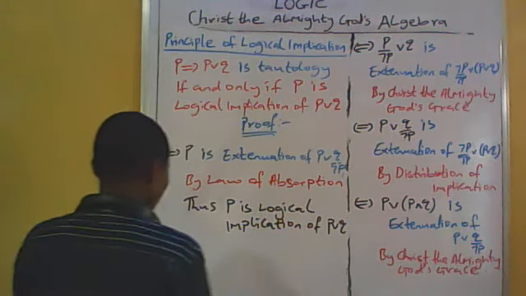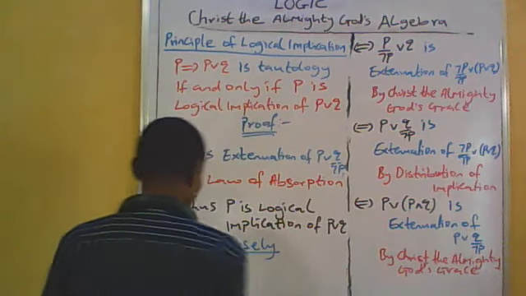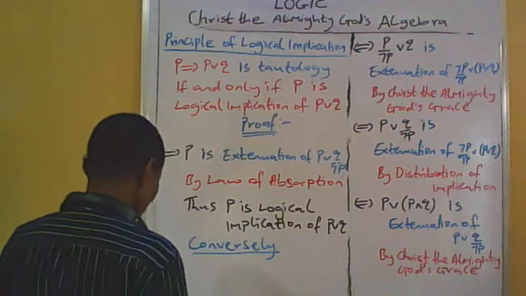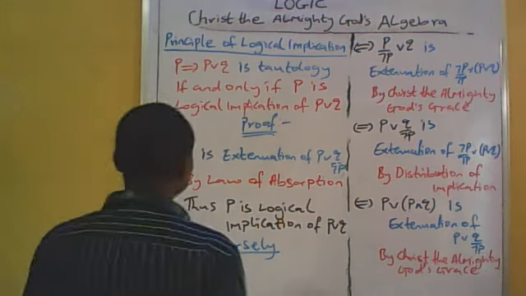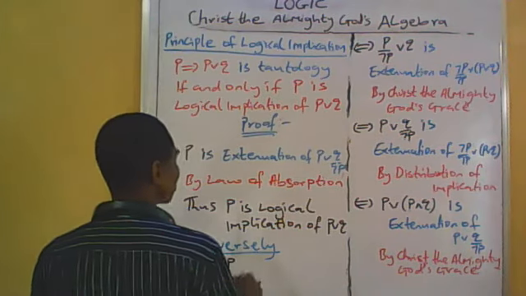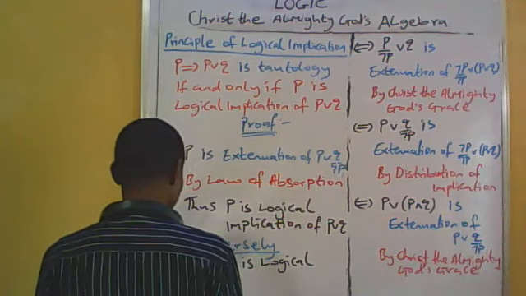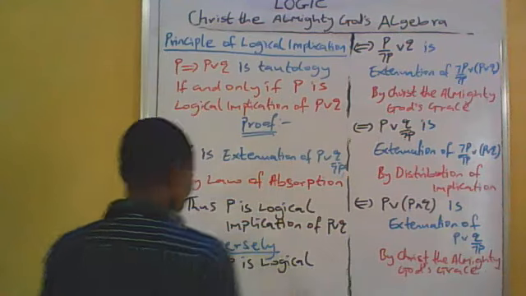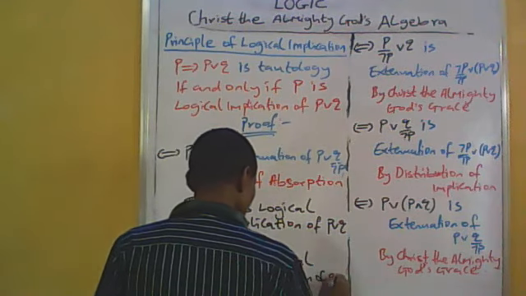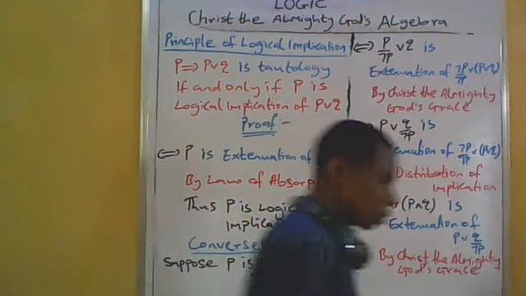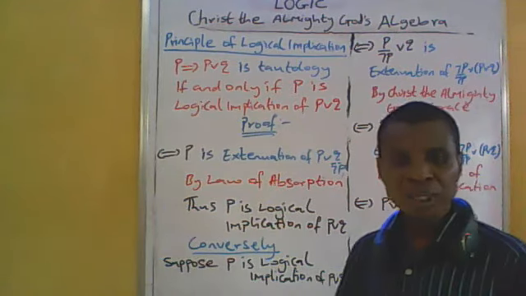So we say conversely, suppose P is a logical implication of P or Q. So we assume that this P is a logical implication of P or Q. We assume that it is true.